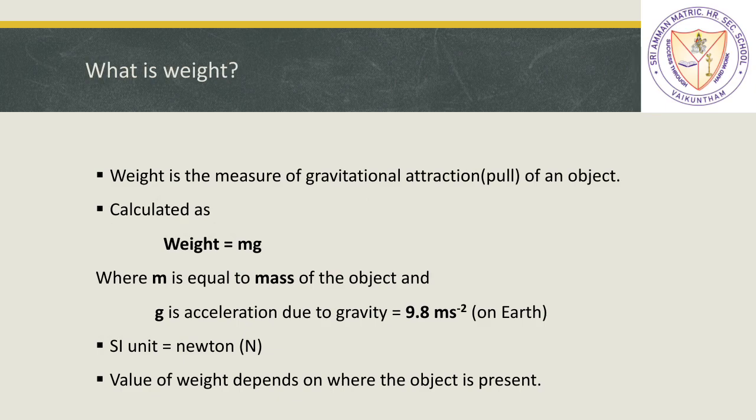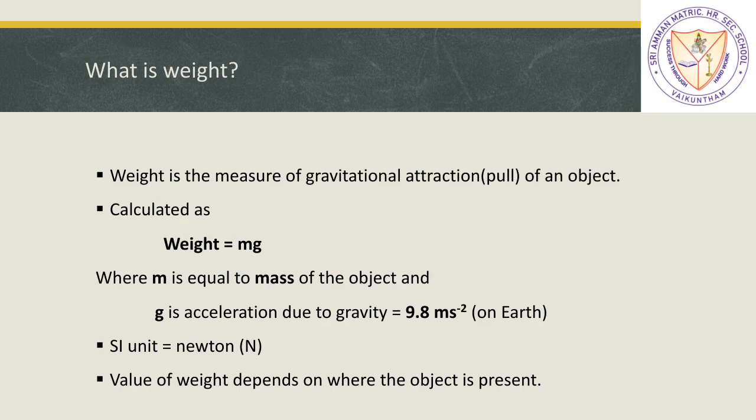So what exactly is weight? How is it different from mass? Weight is the measure of gravitational attraction or pull on an object. We all know that there is something called gravitational force which is pulling us towards the earth.